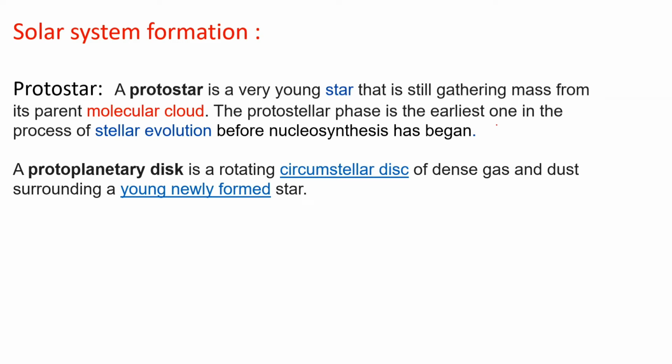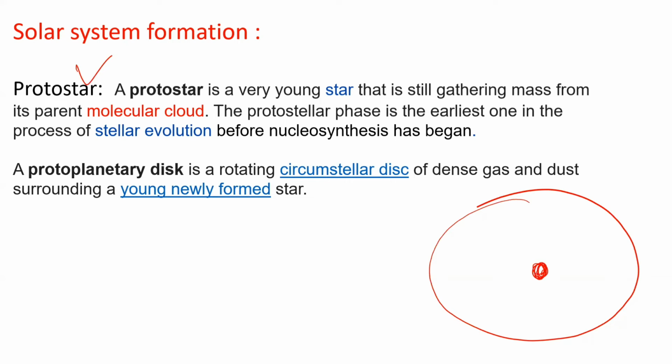the gas cloud will collapse. Let's say this is our gas cloud, spherical in shape. At the center of our gas cloud, a protostar is formed. What is a protostar? It is a star that is gathering mass from its parent molecular cloud. That means no nuclear fusion reaction starts at that time, right?